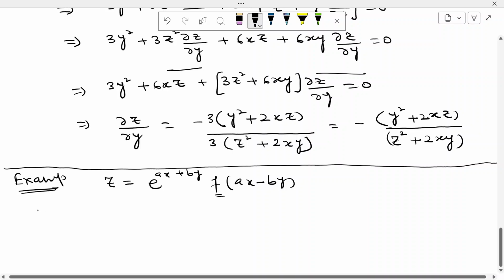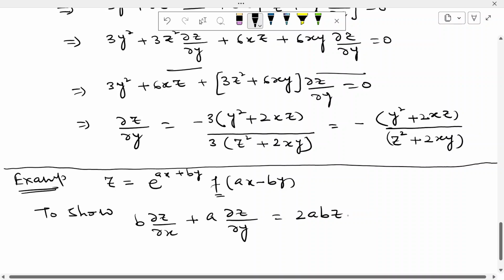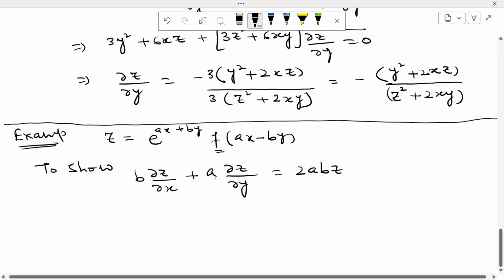Now we have to show that b ∂z/∂x + a ∂z/∂y should be 2abz, where a and b are given here and z is the function.